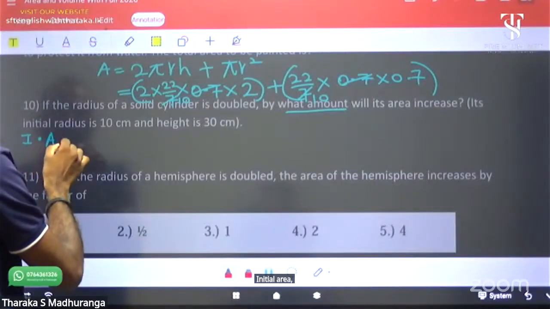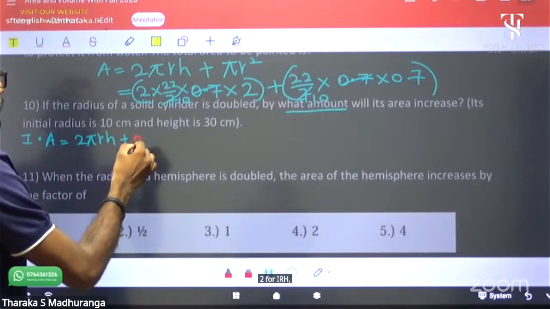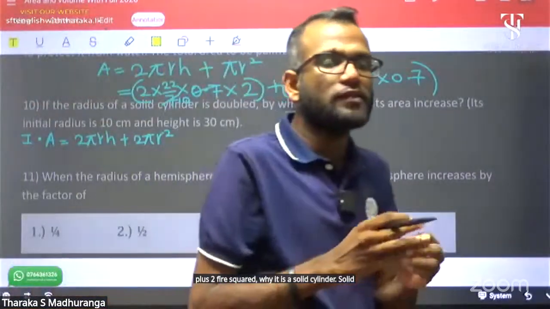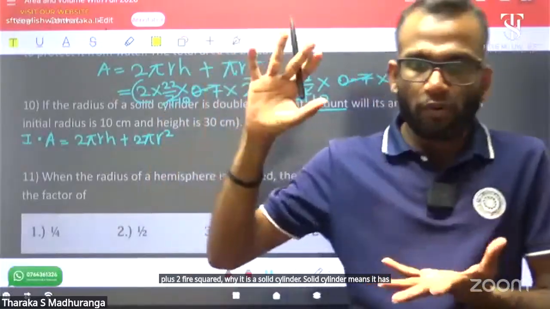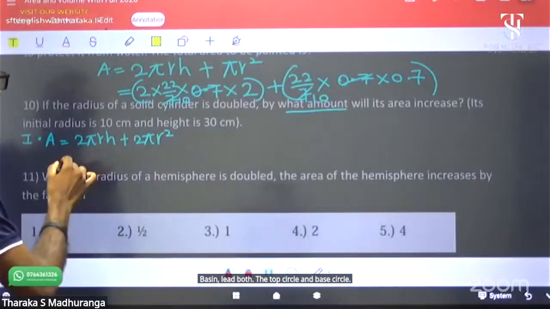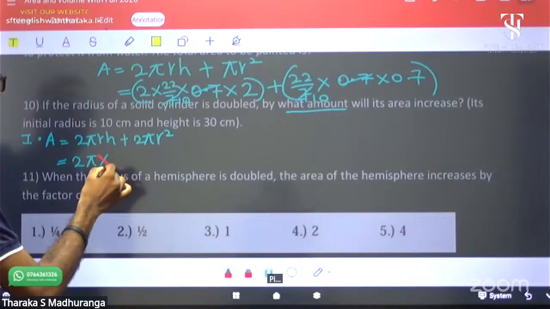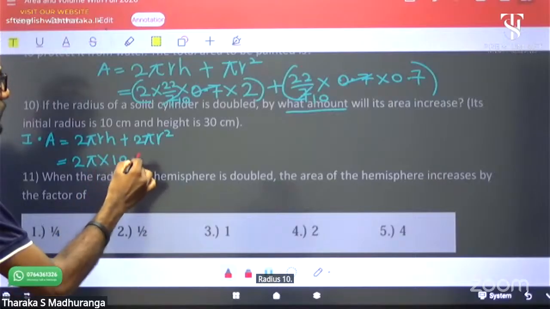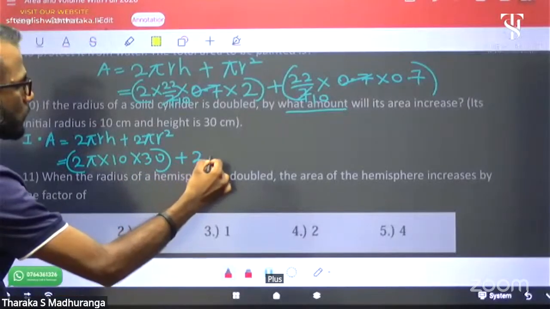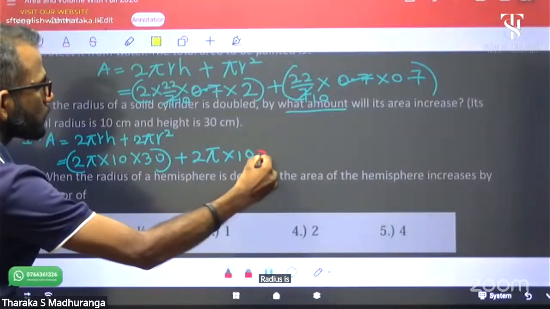Initial area 2 pi r h plus 2 pi r squared. Why? It is a solid cylinder. Solid cylinder means it has base and lid both, the top circle and base circle. 2 pi radius 10, h 30, plus 2 pi radius square mean 100 because 10 squared.